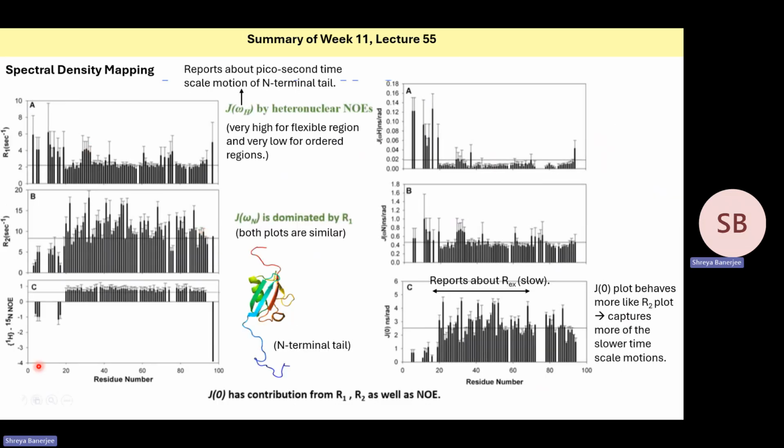So here you can see, for this protein, we have already discussed the R1, R2, and NOE. Now, how does this compare to the plots of J omega H, J omega N, and J0? You can see that J omega H is very high for the flexible region. That is, you can see the N terminal is very high and it is low for the ordered region.